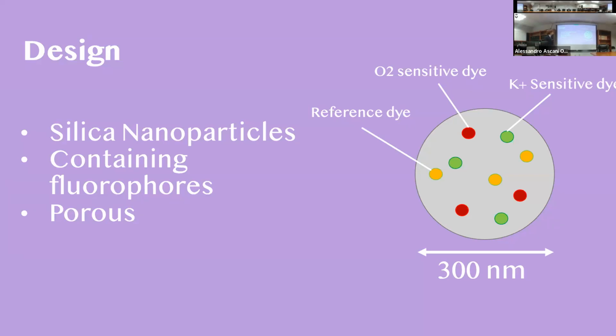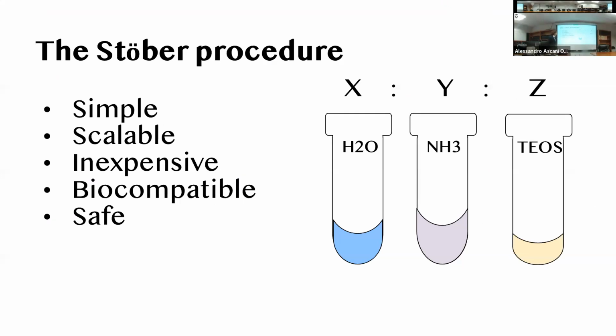And finally, we wanted them to be around 300 nanometers for the purpose of this study, so that we could easily see them and notice changes as we progress in our research. However, in case of commercialization or future research, we would probably go even smaller in size, but we're going to go into that later. So how do we produce the particles?